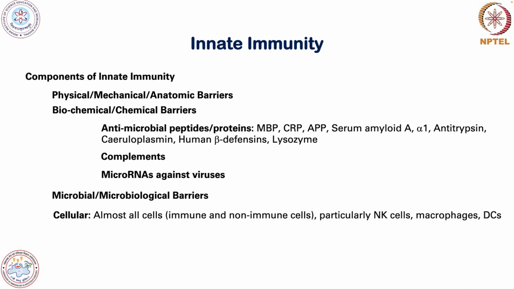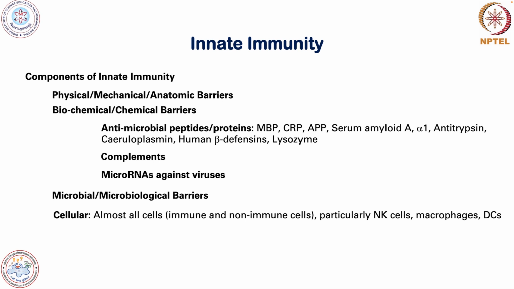Another is the cellular component. When I say innate immune cells, all cells come in innate immune cells, that includes immune cells as well as non-immune cells. Particularly, these are professional innate immune cells like macrophages, NK cells, dendritic cells.